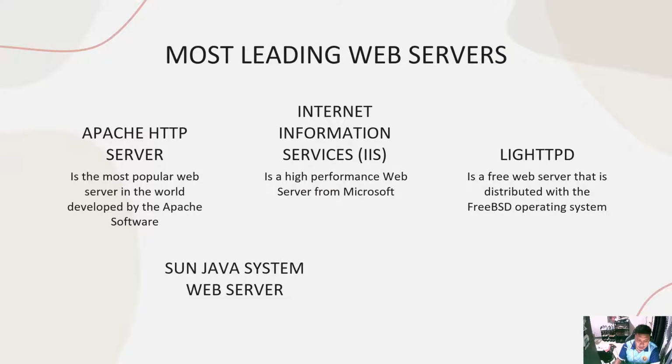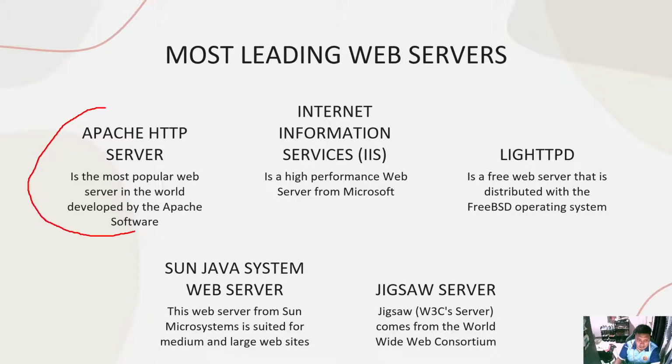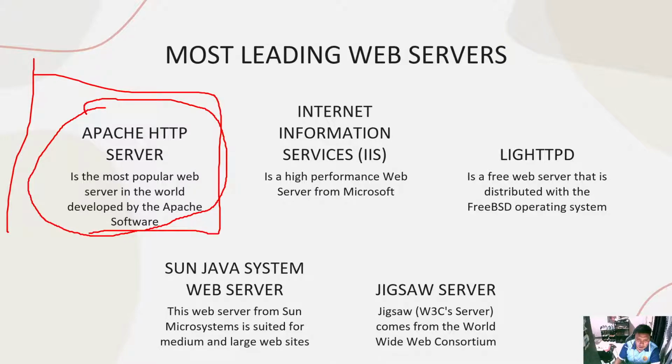Sun Java System Web Server is from Sun Microsystems and is suited for medium and large websites. Jigsaw Server comes from the World Wide Web Consortium. So these are the most leading web servers, but since PHP is our language and Apache is the server for PHP, this is what we are going to look forward to as our web server.